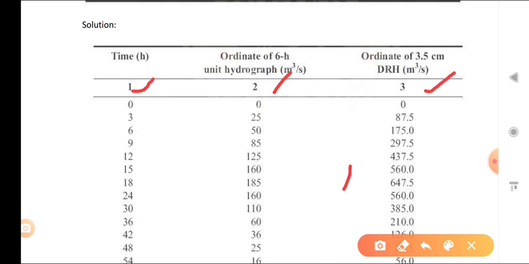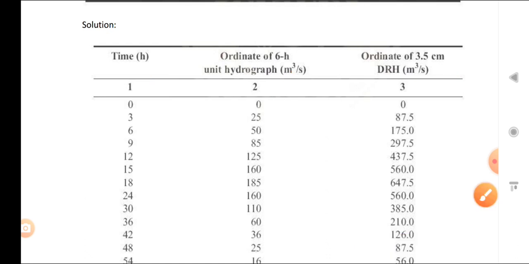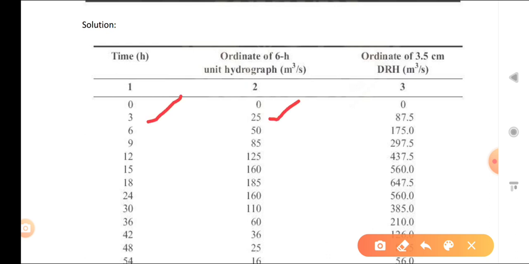For time 0, the ordinate is 0, and 0 multiplied by 3.5 is 0. Then for 3, the value given is 25, and we multiply 25 by 3.5. Similarly it will be 87.5.